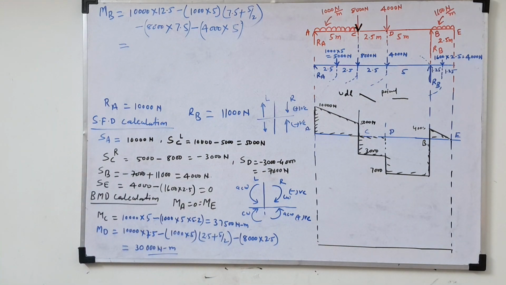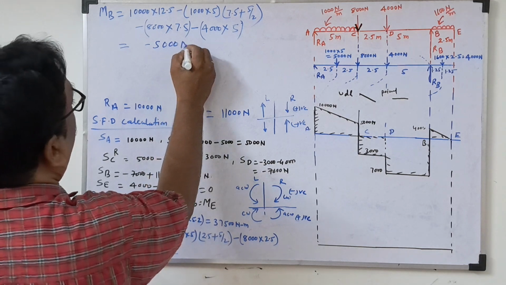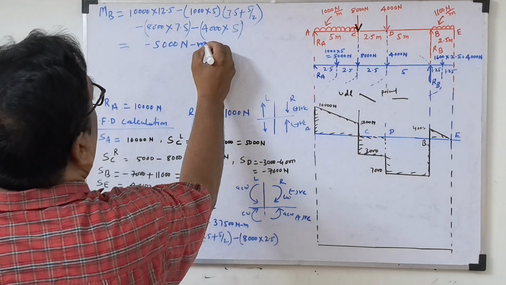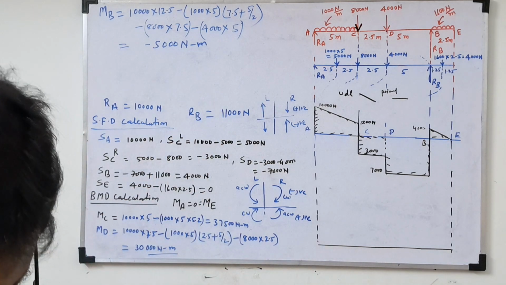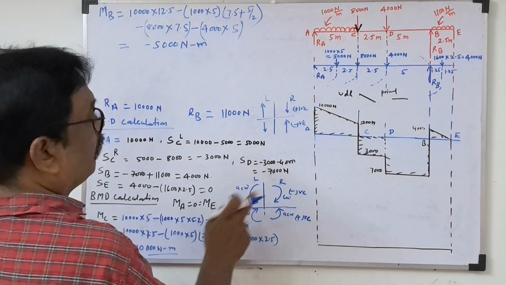Calculations is with me. 12.5, 1000 into 5, 7.5, 8,000 into 7.5. So this coming minus 5,000 Newton meter. So MB we know 5,000 Newton meter. MA and ME will be 0.